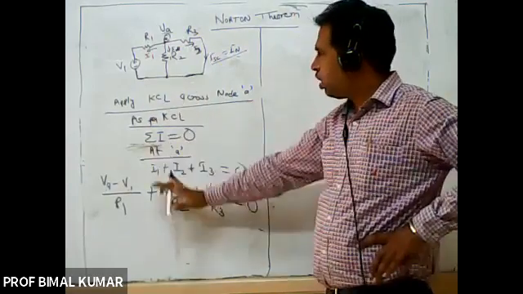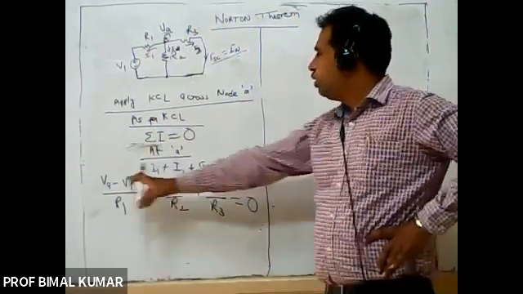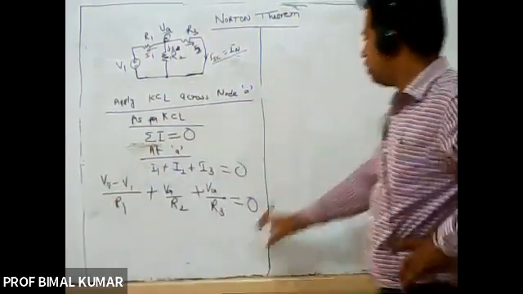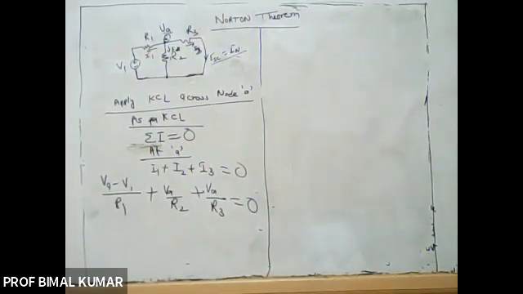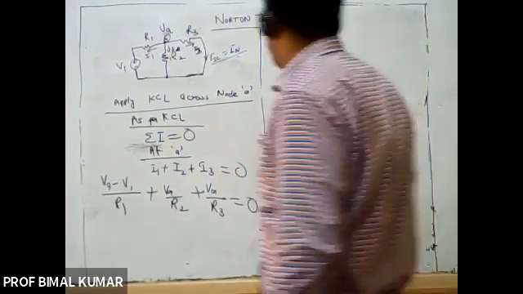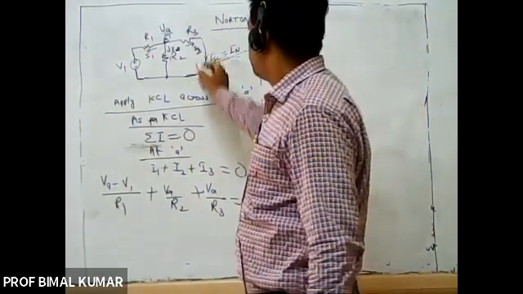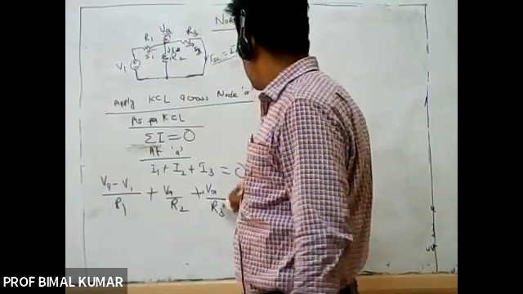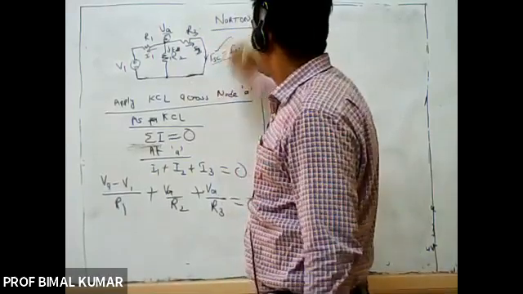Only one unknown is there, and that is VA. So by solving this equation, if some numerical comes, you will be able to calculate VA. And by substituting VA in I3 or ISC is equal to VA upon R3, you will be able to calculate the short circuit current.